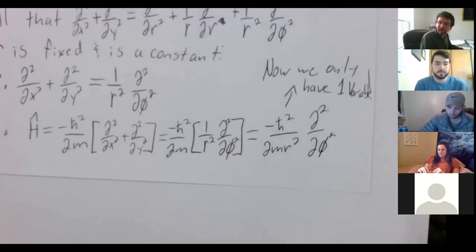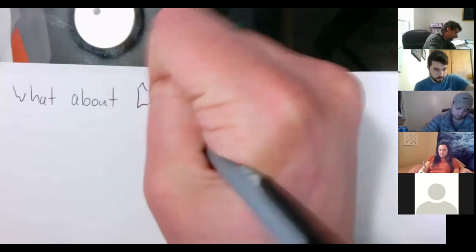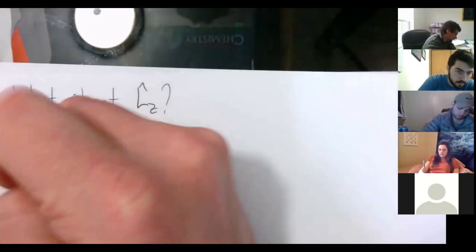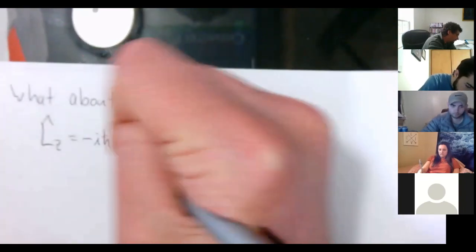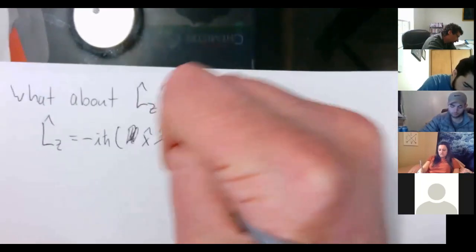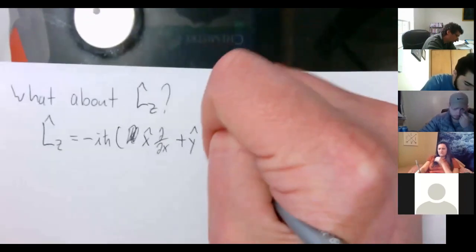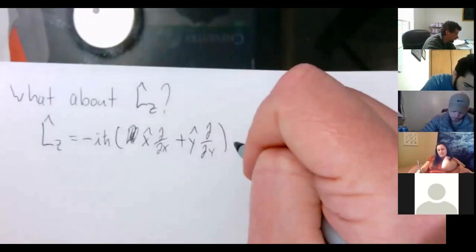So let's see what happens to LZ, that operator. What about LZ hat? Originally we had LZ hat equal to negative i h bar, X hat d/dy minus Y hat d/dx.